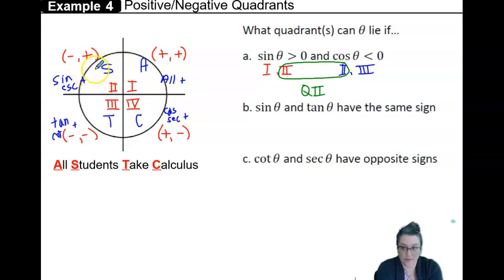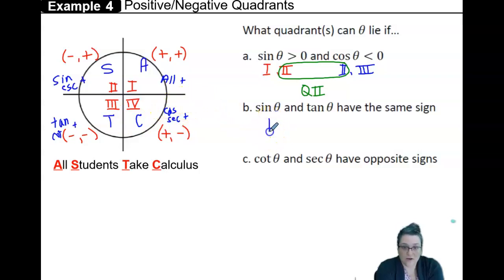In quadrant 3, tangent is positive, but sine is negative, so they can't both have the same sign in quadrant 3. In quadrant 4, cosine and secant are positive, which means tangent and sine are negative.